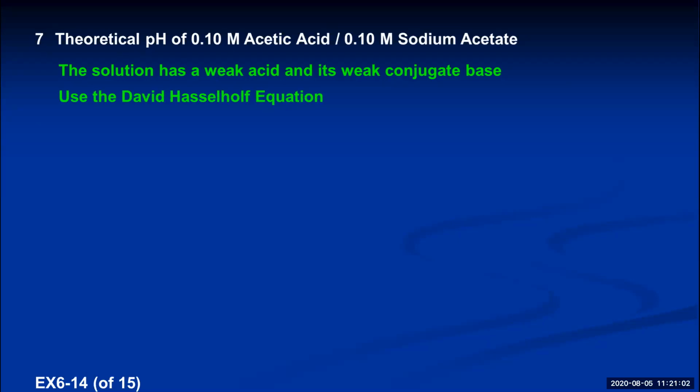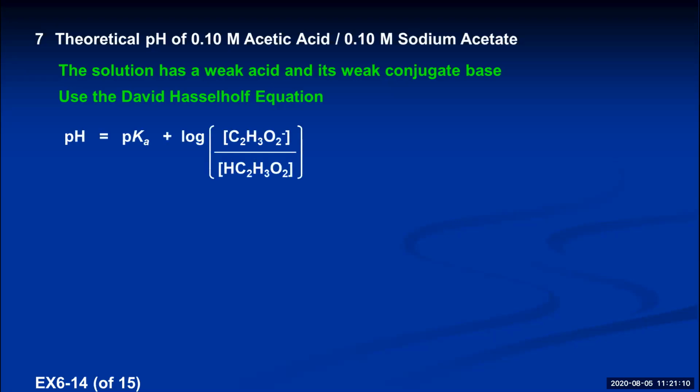In this case, I'm not mixing solutions together. I know the solution right now is 0.10 molar acetic acid and 0.10 molar sodium acetate. So I'm just going to use the equation that's in terms of the log of the ratio of the molarities of the weak base to its weak acid. So the pKa is for the weak acid in this solution, which is the acetic acid.